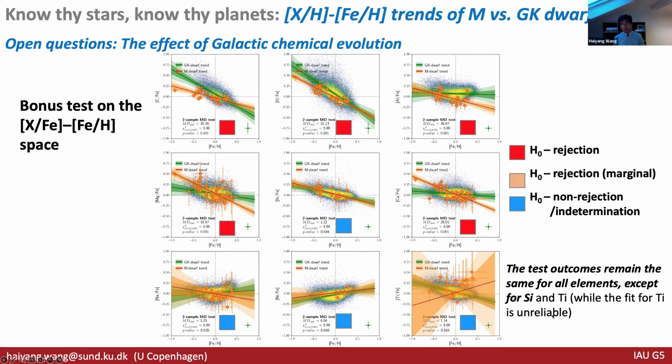Of course, for the titanium, the regressions are not reliable, as you see here. So this is to give you a sense of how this galactic chemical evolution influences test outcomes, and that it doesn't change significantly our results.